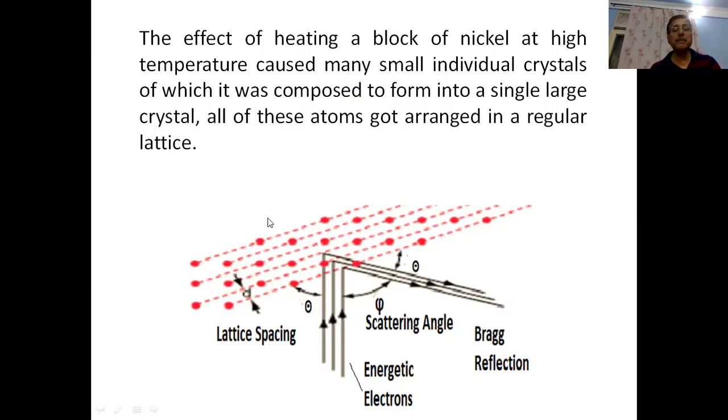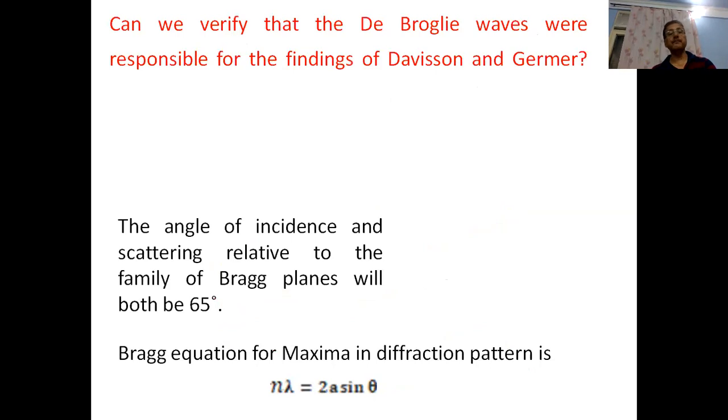So this is the complete picture of how the small individual crystals got into a single large crystal, and all of them got arranged in a regular lattice. So we have the Bragg reflection taking place now of the electron beam from the nickel target.